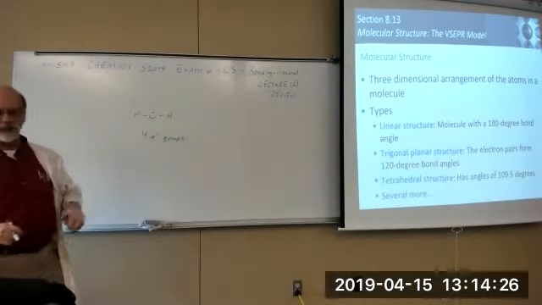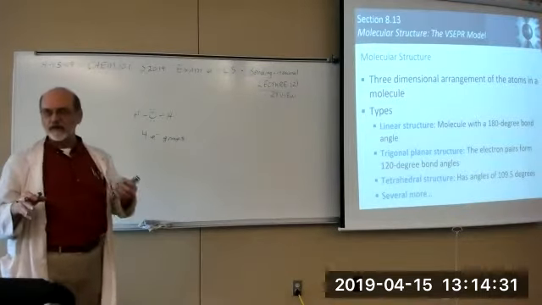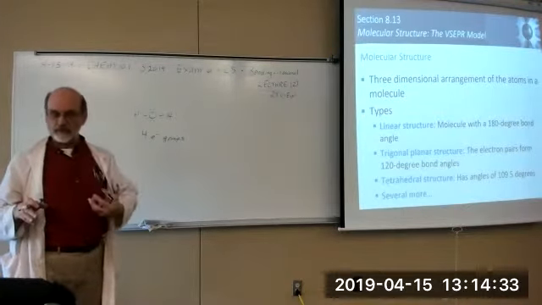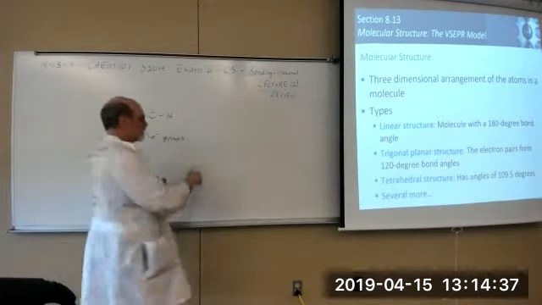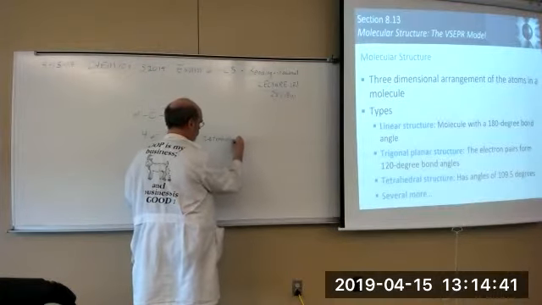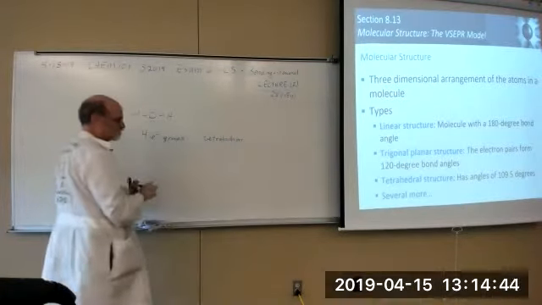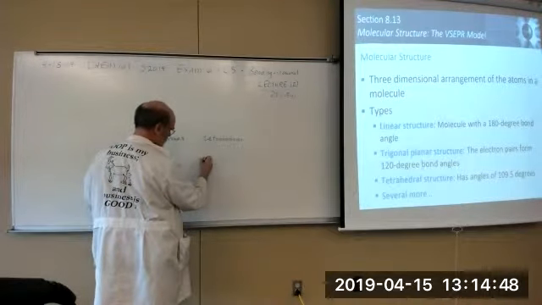How do you arrange 4 electron groups so that they minimize their repulsive effect? The regular geometric, three-dimensional structure for 4 is a tetrahedron. So a tetrahedron looks like this, like that, like that.